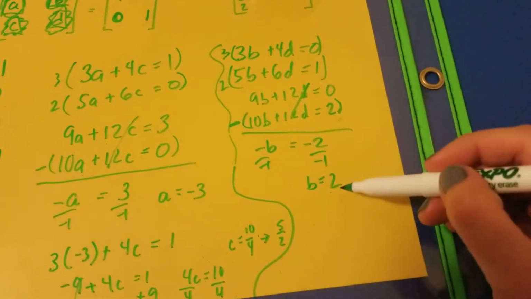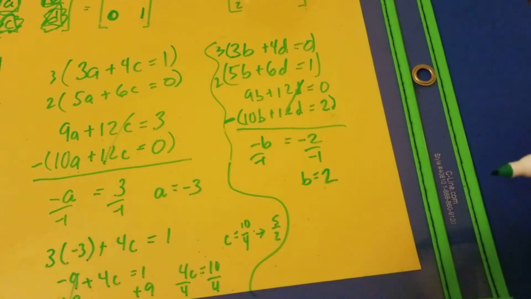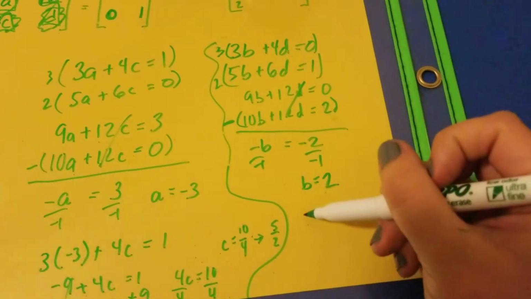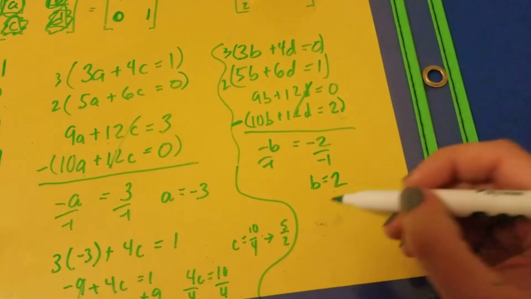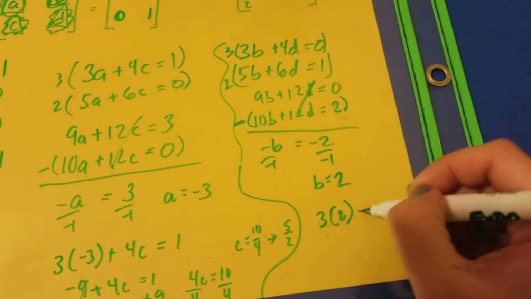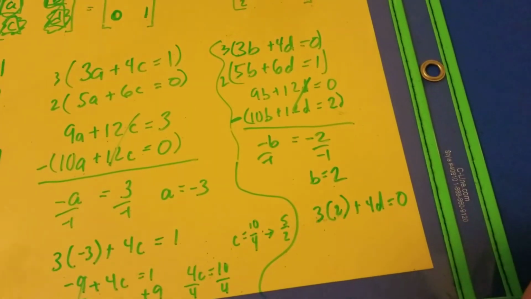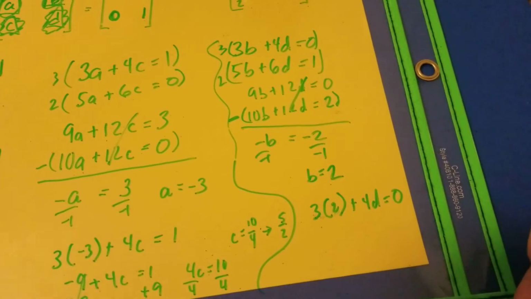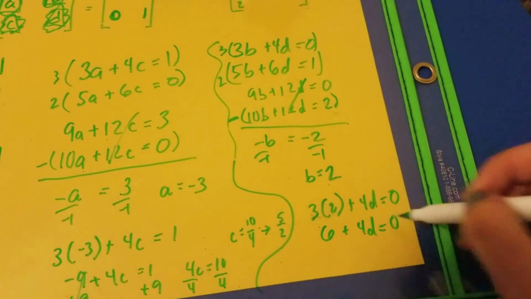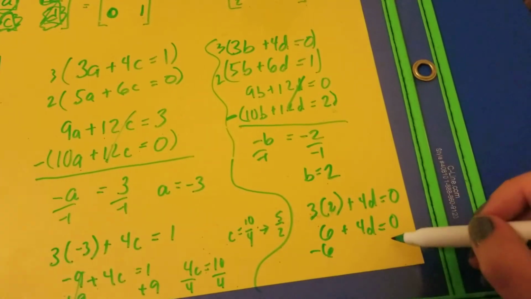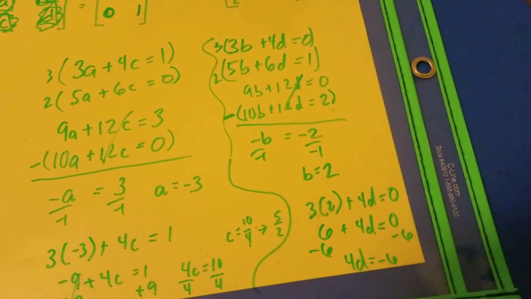Now, knowing that b equals 2, I have to solve for d. So I have 3b, sorry about that. I have 3 times 2 plus 4d equals 0. 3 times 2 is 6, plus 4d equals 0, minus 6, minus 6. So I have 4d equals negative 6.